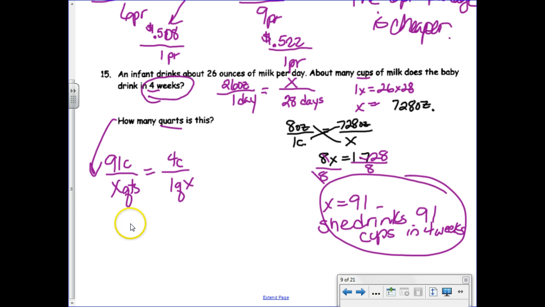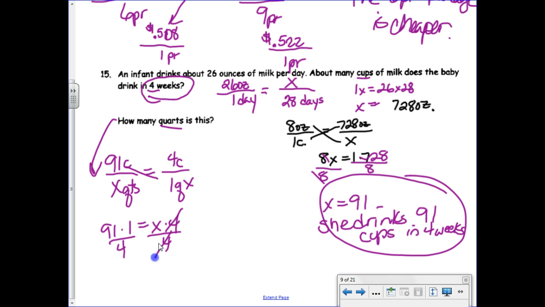Or if you look at your chart and you just realize you just have to divide by 2 to get to pints and divide by 2 again to get to quarts, you can do it that way. 91 times 1 equals x times 4. Divide both sides by 4.